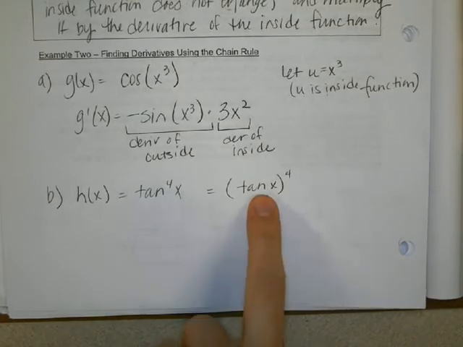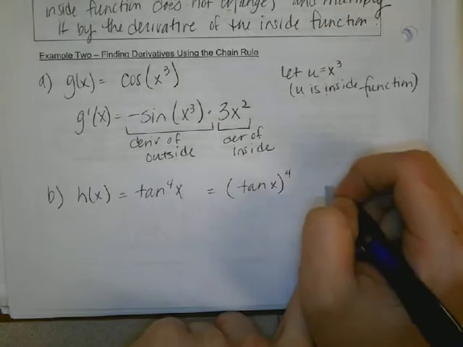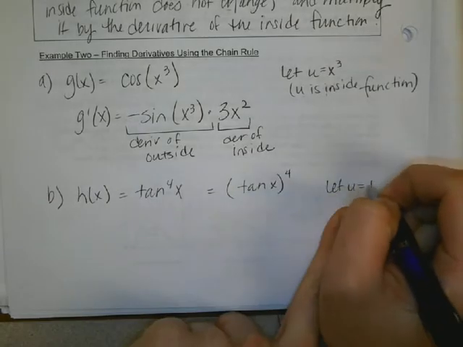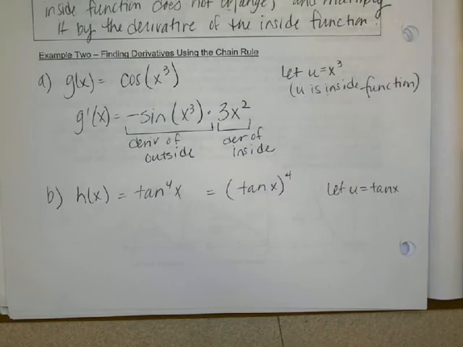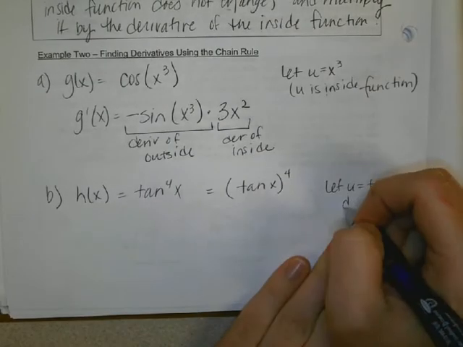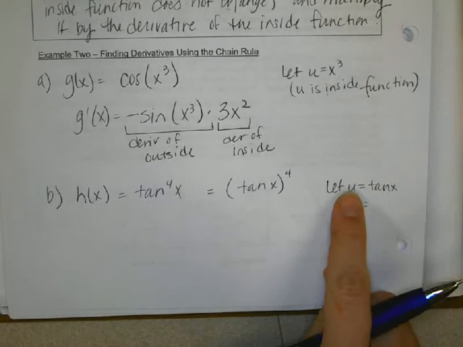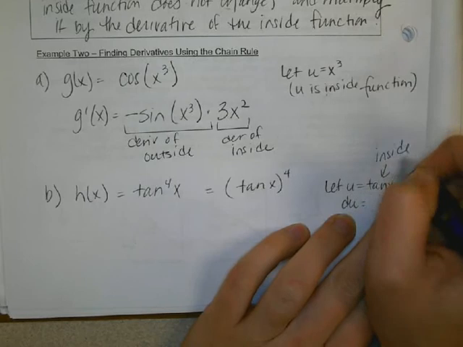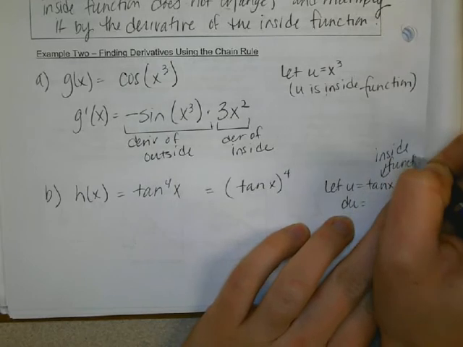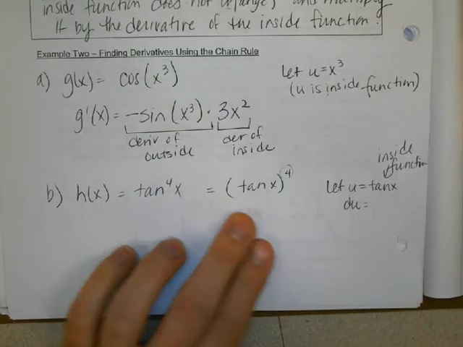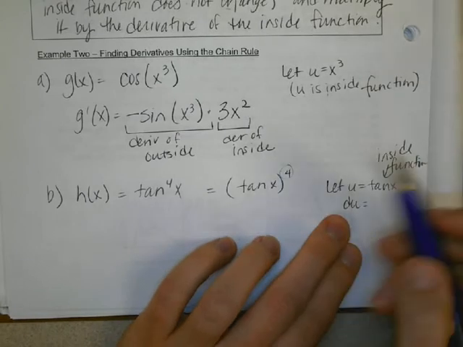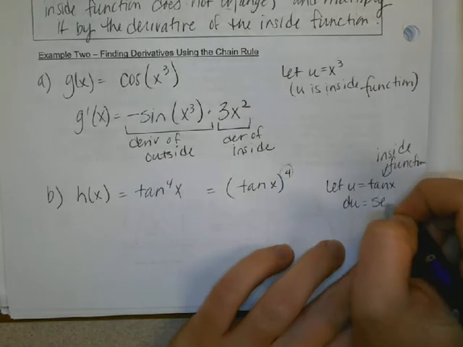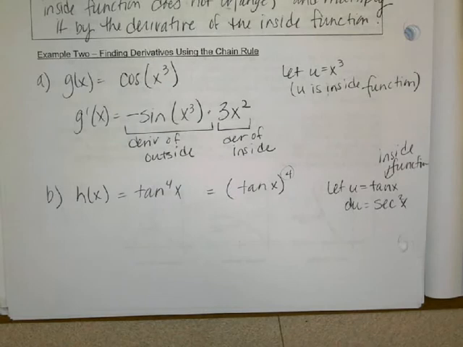Technically, if we let u equal tan x, okay, and then the derivative of u, since I know I have to take the derivative of the inside function, and this is my inside function here. I know it's my inside function because it's inside this function of power of 4. The derivative of tangent is secant squared x.